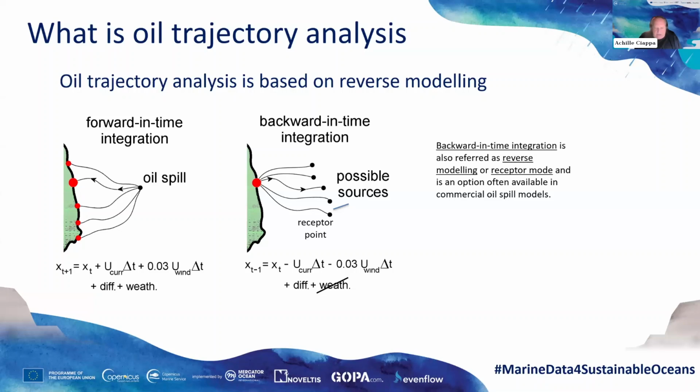We start from a receptor point, the red dot on the coast, and we go backward in time. We track the oil trajectories to possible sources. Below the two, you see it's the same equation, but it's integrated forward in time on the left and backward on the right.